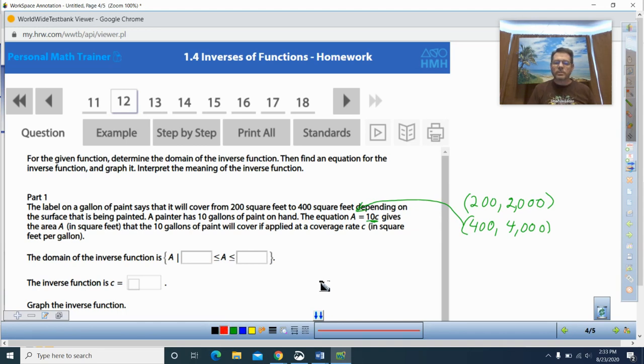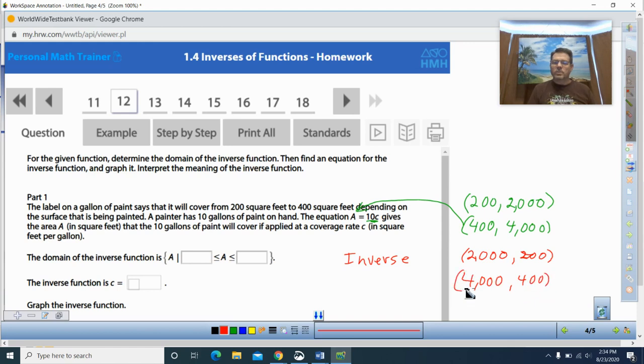So what's the inverse going to be? The inverse is just simply 2,000 comma 200 and 4,000, 400.